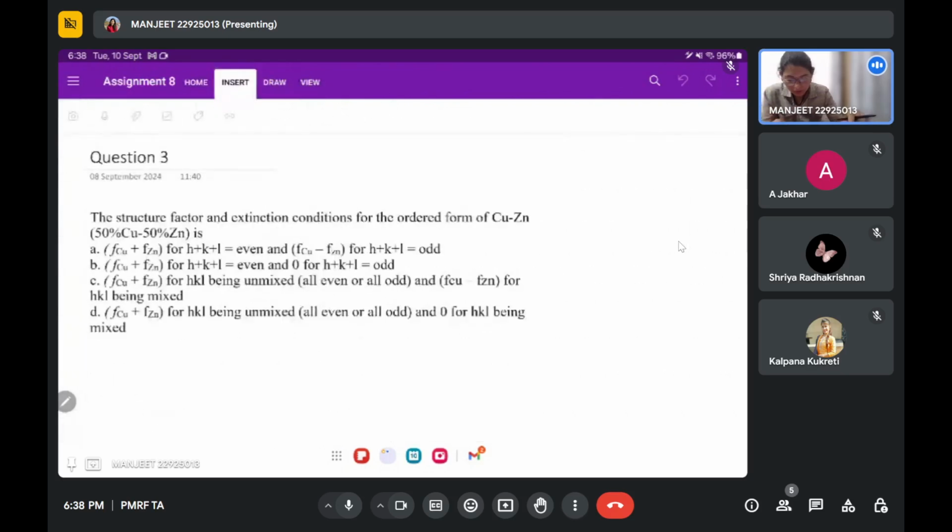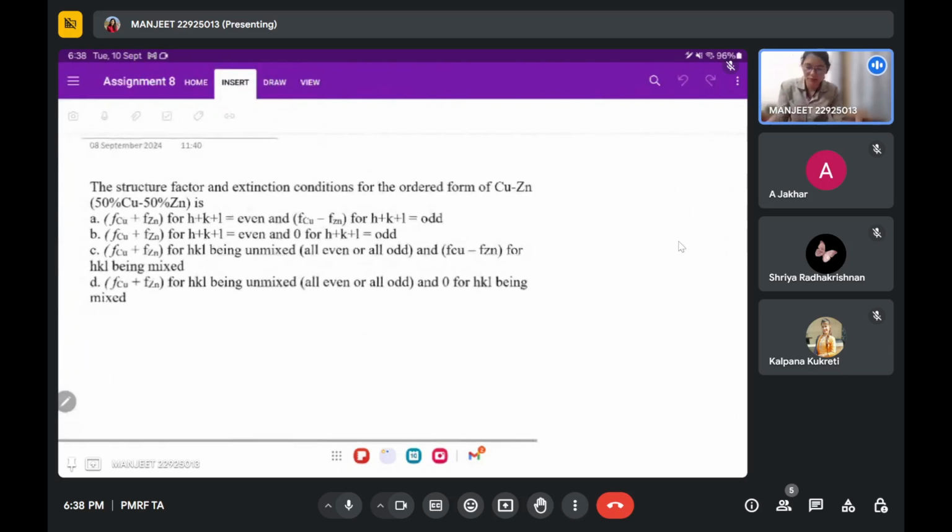So in question number 3 it is mentioned, so I don't know which one is this. Okay, so in the next one, the crystal structure and the extinction condition of the ordered form of copper zinc, 50% copper and 50% zinc, this is the alloy.